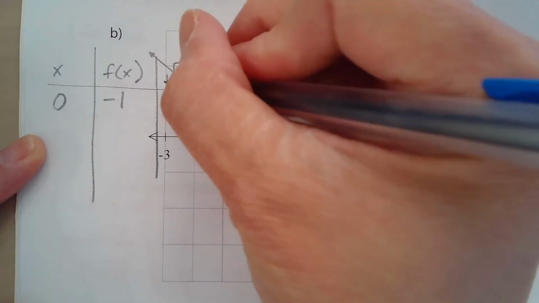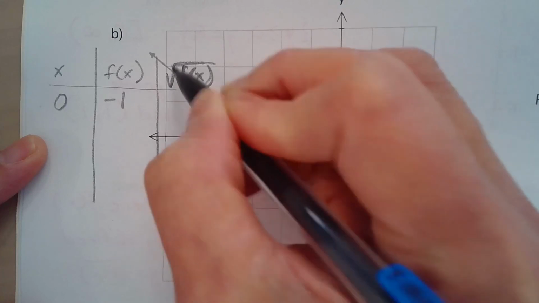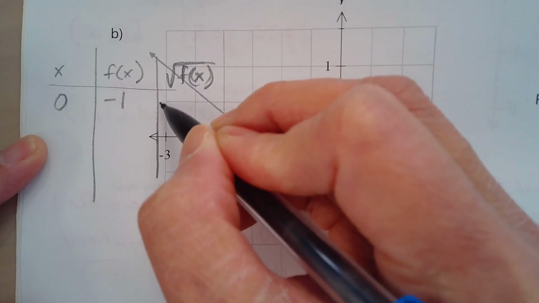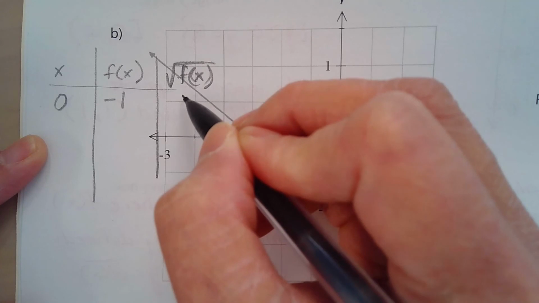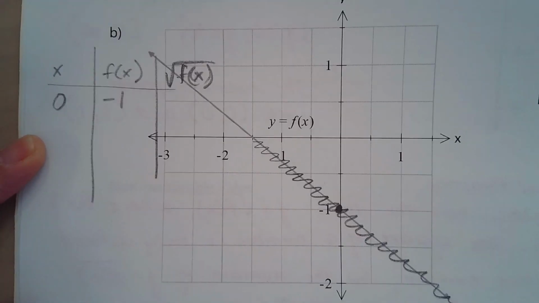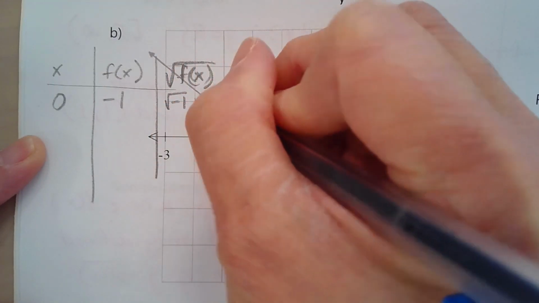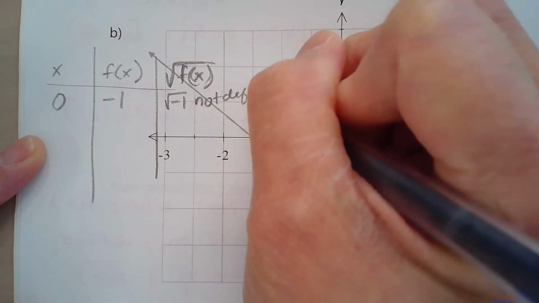Now, if you look at this one here, the square root of f of x, that means we have to take the square root of -1. And that's not defined. It's not going to give us a real number solution. So the square root of -1 is not defined.